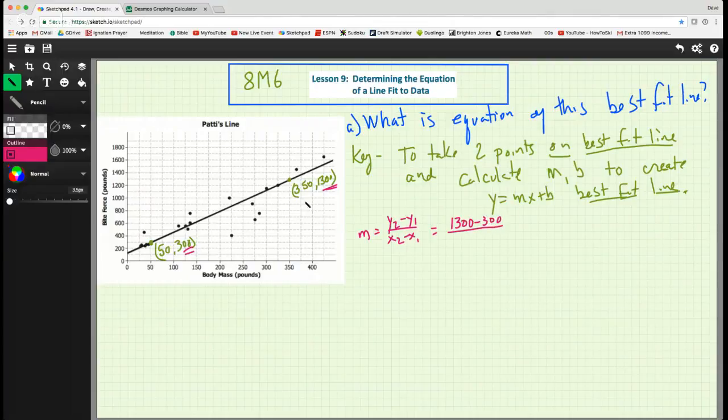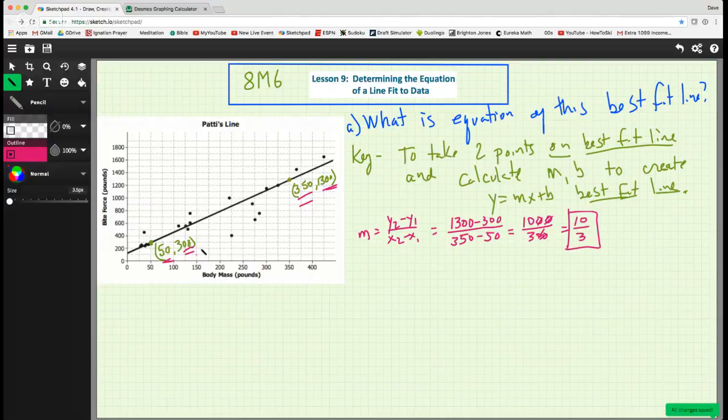This should all be very familiar to you by now. Our x2 is 350 and our x1 is 50. So we have 1,000 over 300. Wow, this is going to work out nice, which is equal to 10 over 3. That's 3.33. Well, let's just leave it as 10/3. I like 10/3.